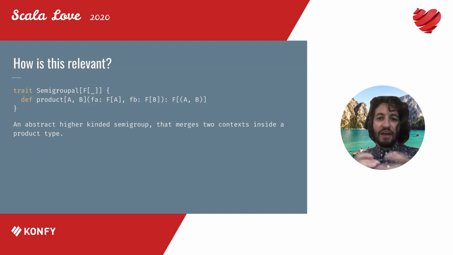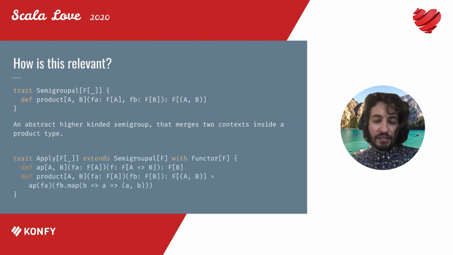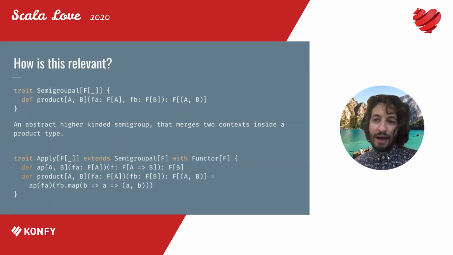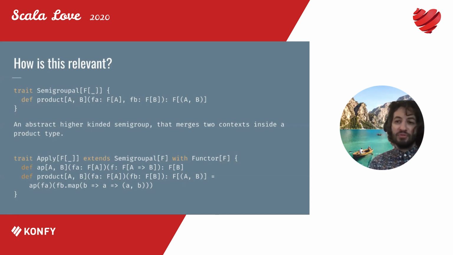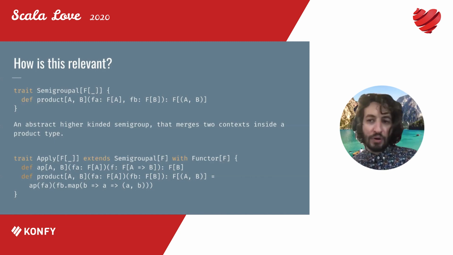So we have an F of A and an F of B, and we merge those two F's together into one F, and now what we get is, instead of A or B, the tuple of A and B. And this is then extended, which makes Apply, in mathematicians' terms, a semigroupal functor, whereas Applicative is a monoidal functor, which I'm going to get into.